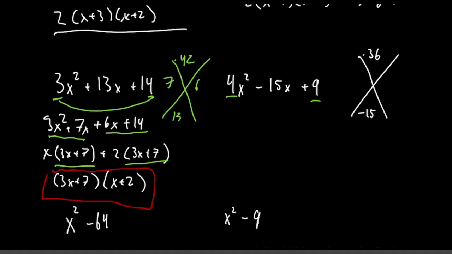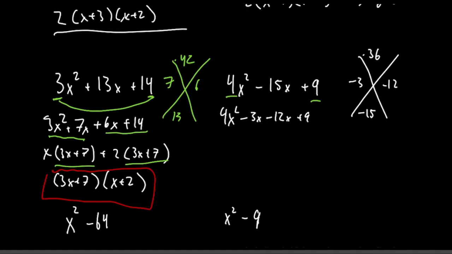The two terms that do this are 3 and 12, or negative 3 and negative 12. So I'm going to split the 15x into 4x squared minus 3x minus 12x plus 9.